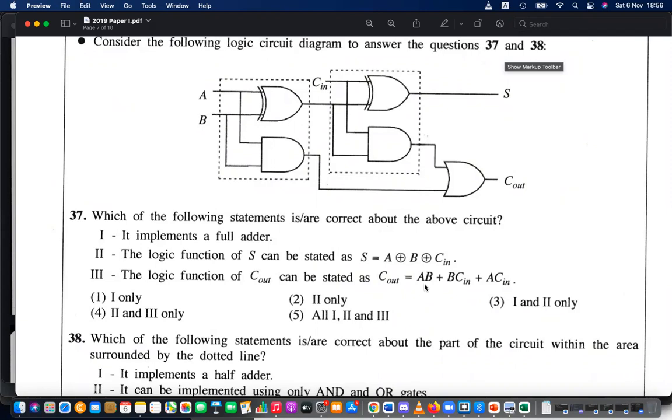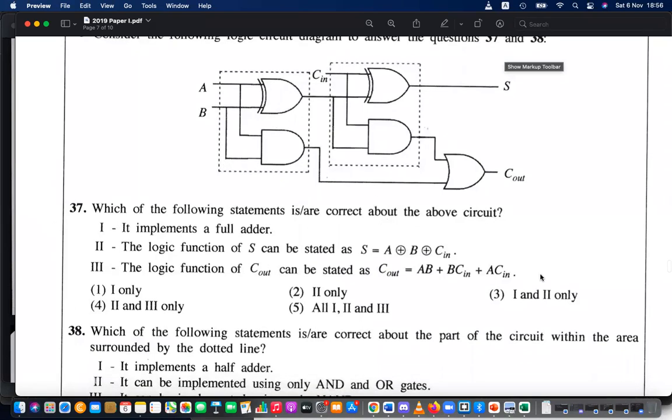So what about this function C out? C out is AB, BC, and AC. Okay, you can take it like that. That is possible.